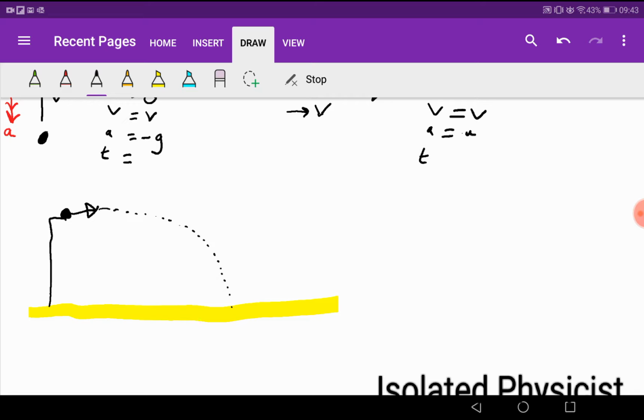Now, the way that we can do it is that we can actually split this motion. So this projectile motion, this curved motion, we can split the motion into its horizontal and vertical components.